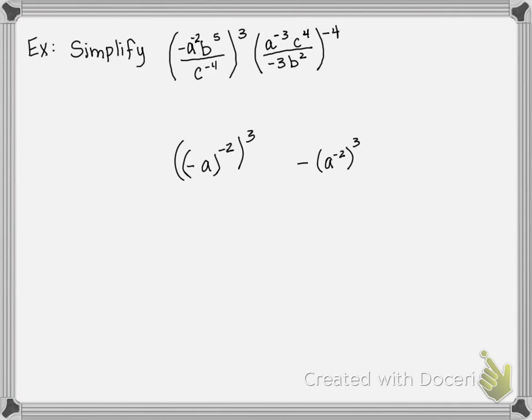The point being that I can't group the negative sign and the a together because they have different exponents. Both exponents apply to one of those factors and only one of the exponents applies to the other one. And so when you see a negative sign that is not attached to a number, the first thing you're going to do is make it a factor of -1.